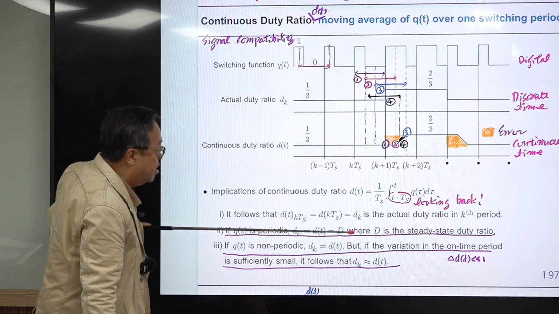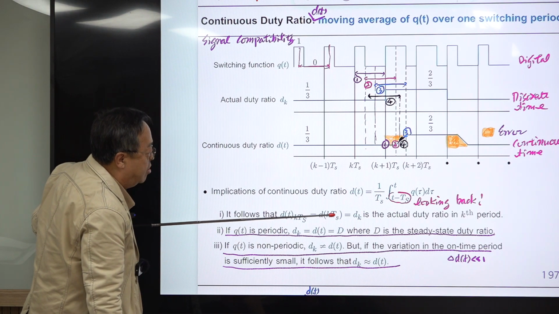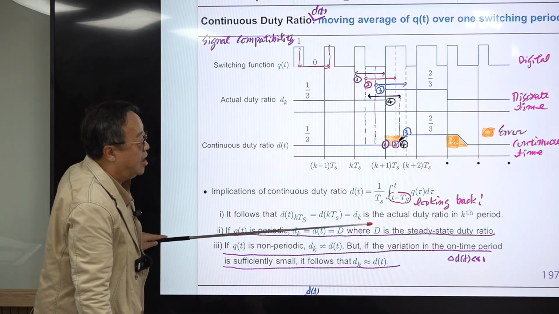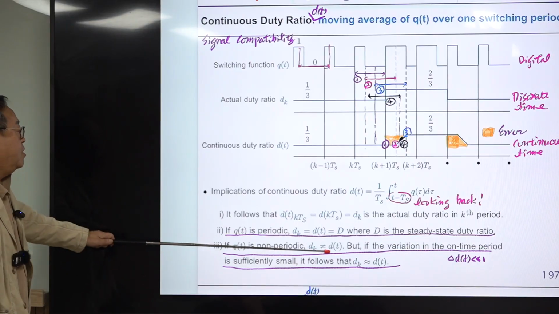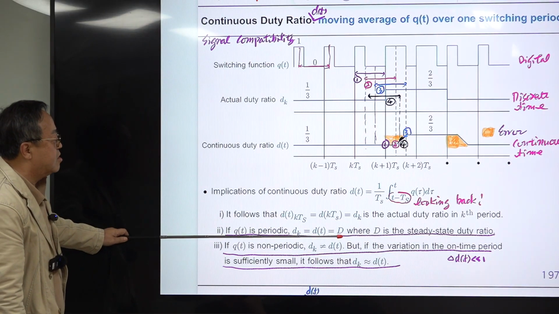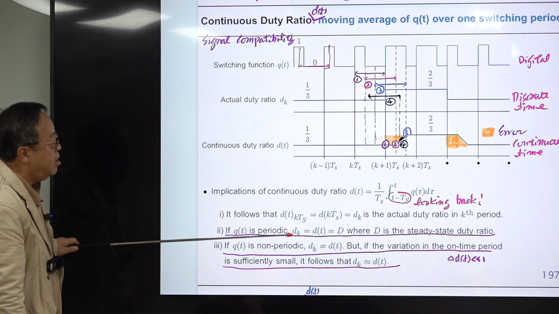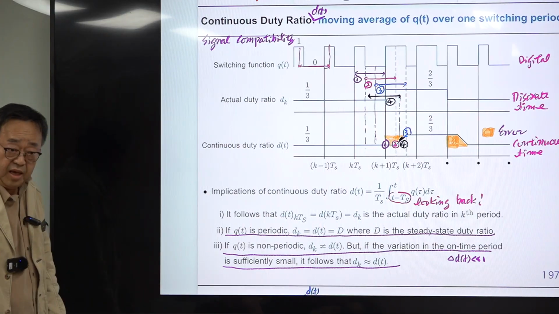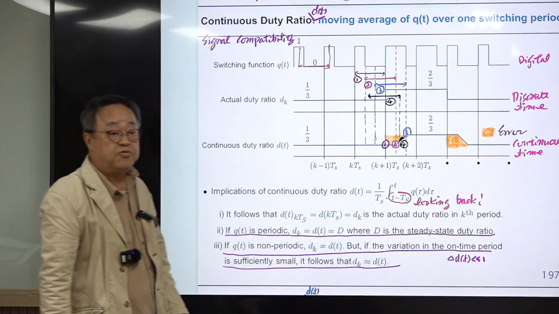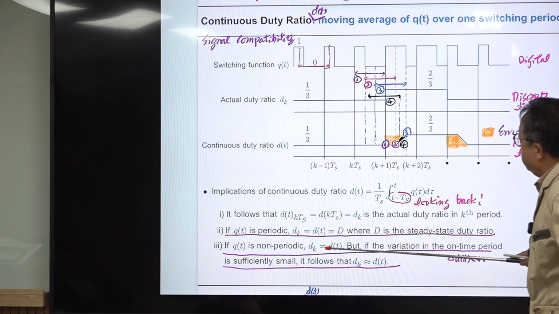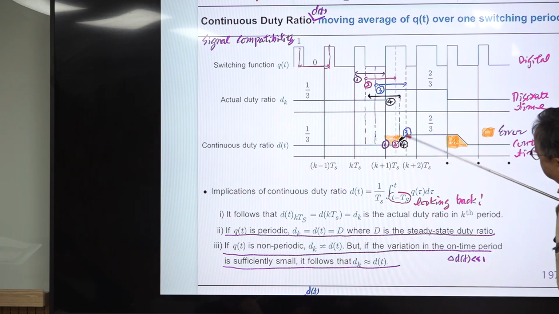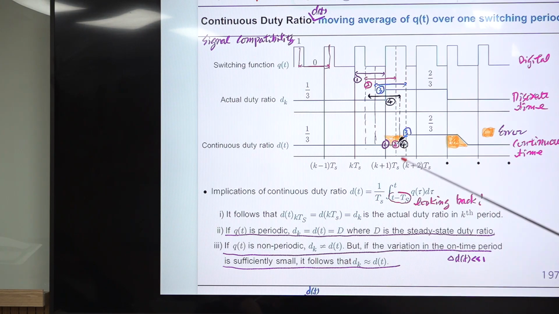Then this is the duty ratio evaluated at kTs, dk, the actual duty ratio at the kth period. If QT is periodic, they are all the same, and it becomes the steady-state duty ratio.